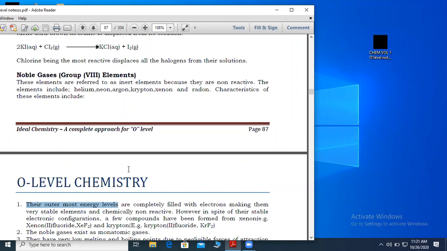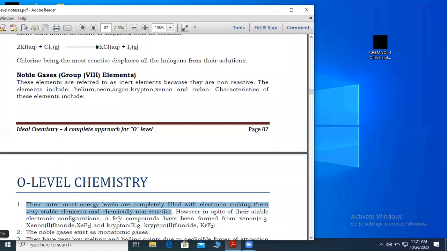Or if it is to lose an electron, removing an electron from a stable energy level is a tug of war. So the group 8 elements do not react because their outermost energy levels are completely filled with electrons, making them very stable and unreactive.